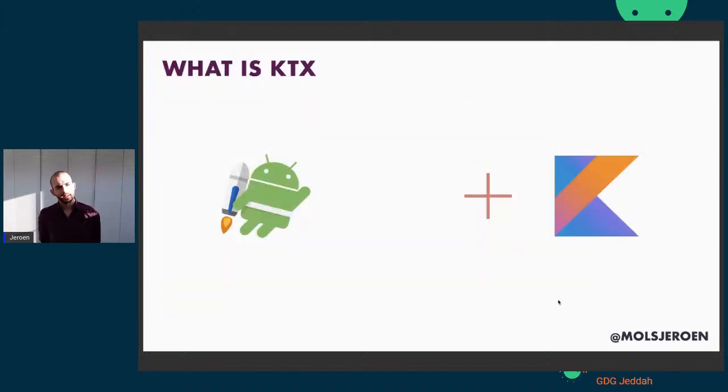So what is Android KTX actually? Well, most support libraries are still written in Java, which means that if we want to use them from Kotlin, it's not always as idiomatic. There's a few exceptions to that, like for instance, Jetpack Compose is the best known example. That's pure Kotlin, but also the new paging library, and I think even the benchmarking library.